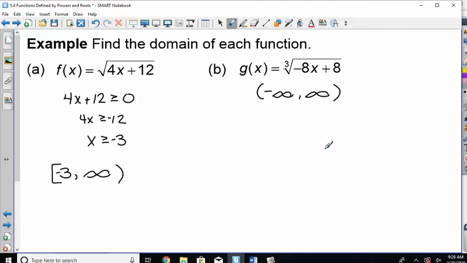And if there's other stuff, like if I had a negative out here and a plus 5 on the end, it doesn't change. All you look at is the part under the radical.